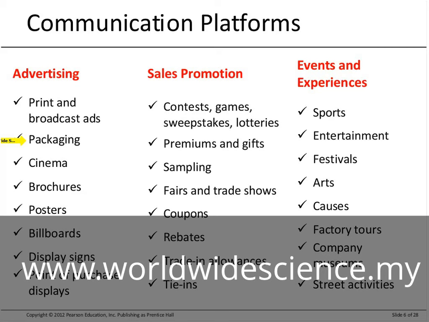If you pay attention to your packaging, it can be a helpful and effective way to advertise your goods or products. And cinema is a way to advertise, and also brochures, posters, billboards, display signs, and points of purchase.